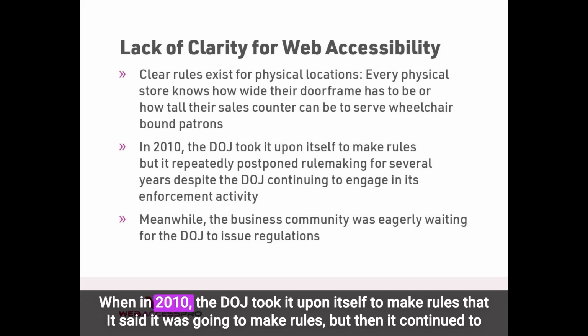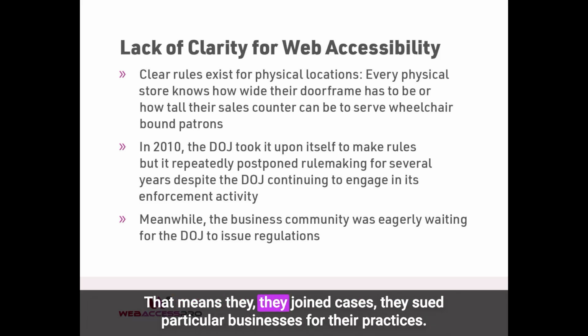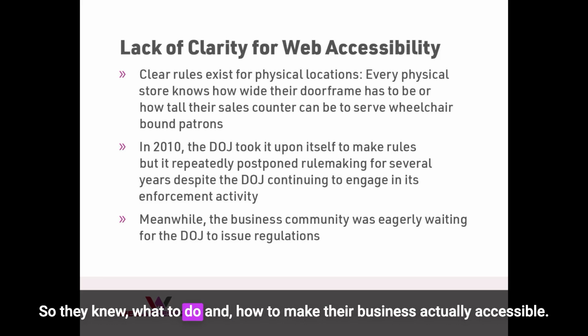When, in 2010, the DOJ took it upon itself to make rules, it said it was going to make rules, but then it continued to repeatedly postpone the actual rulemaking for several years, even though they continued to engage in enforcement activity. That means they joined cases, they sued particular businesses for their practices. Meanwhile, the business community was eagerly waiting for the DOJ to actually issue specific regulations so they knew what to do and how to make their business actually accessible.